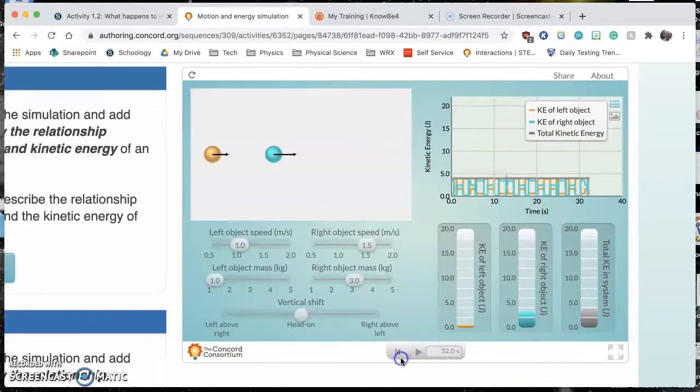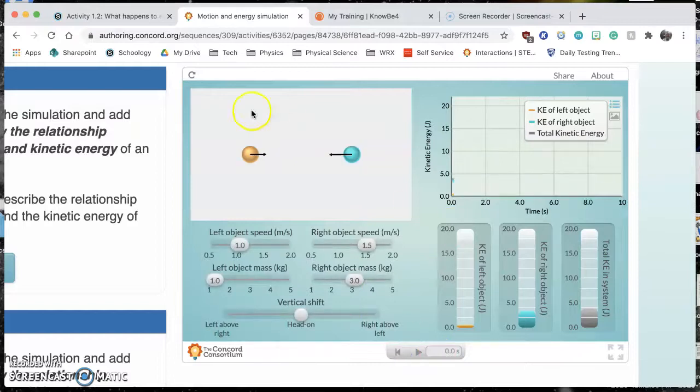I could even reset it to wipe all that stuff out. But if I play it and pause it real quick, I can see these teal portions are going to match up. That's corresponding with the teal ball. The orange portions are going to match up. That's corresponding with the orange ball.